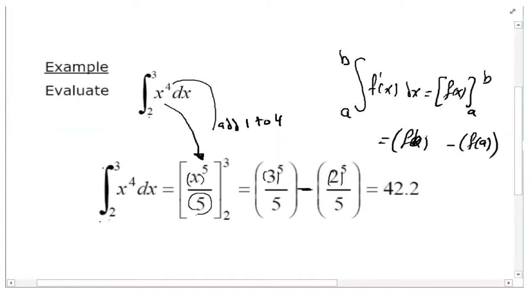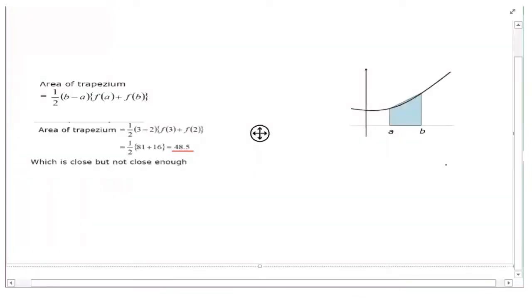So it's equal f of b minus f of a. So it's 42.2. So the exact value of the area of x to the power 4 from 2 to 3 is 42.2. Now, look at the given figure.